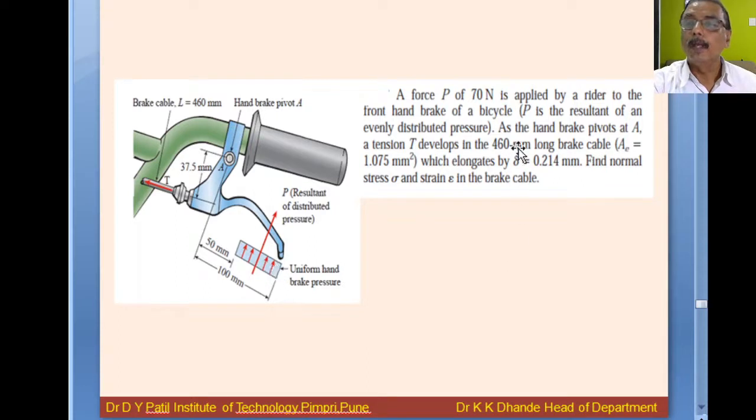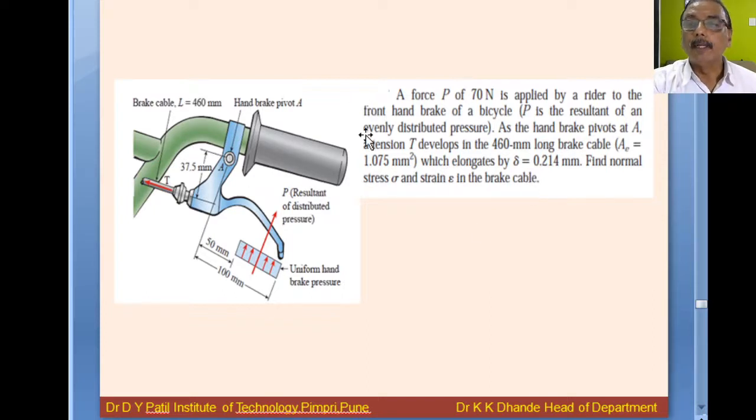As the handbrake pivots at A, a tension T develops in the 460 mm long brake cable, whose area is 1.075 mm square, and which elongates by delta equal to 0.214 mm. Find the normal stress sigma and strain in the brake cable.